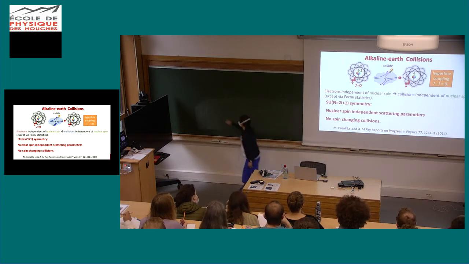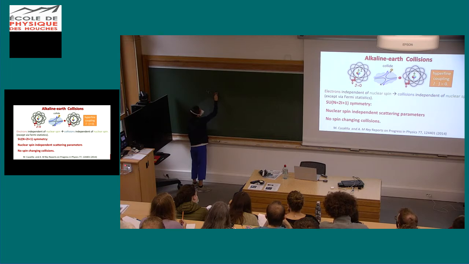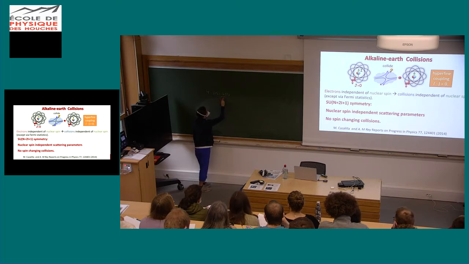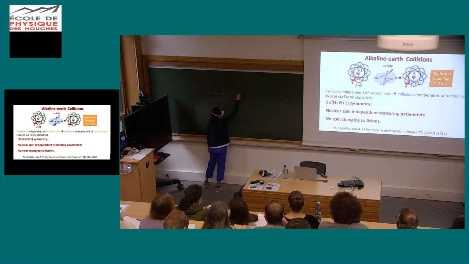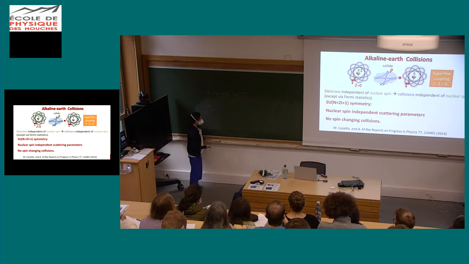For example, for the S-wave interactions, if I have a wave function in the singlet state, this forces the spatial wave function to be symmetric under exchange of the position of the two particles.